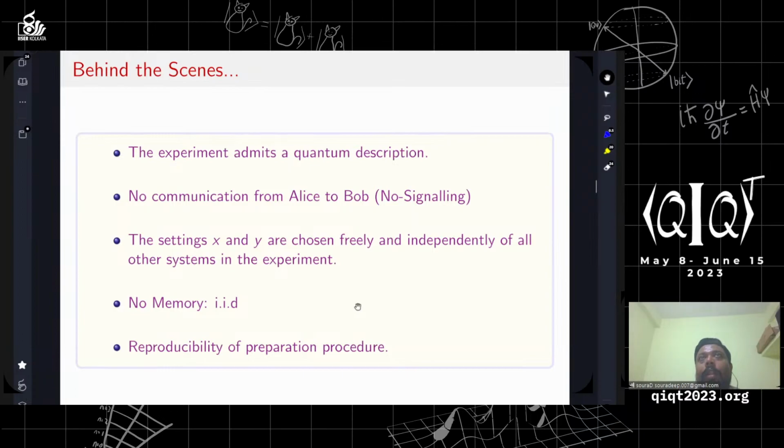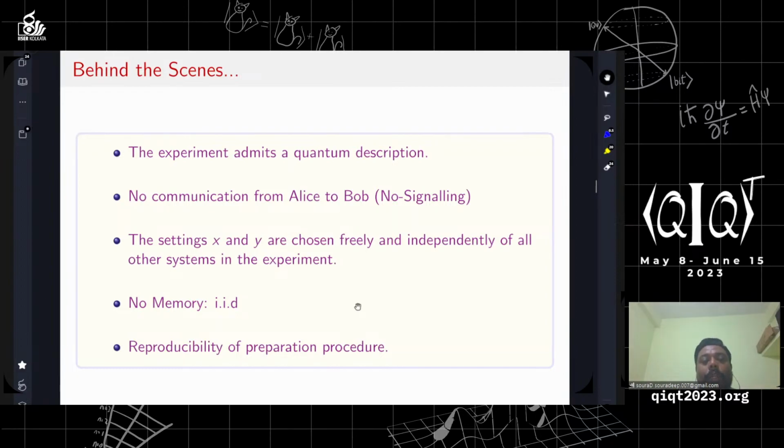That means, let's say Alice has 2 possible measurements and Bob has 2 possible measurements, and in a run, Alice can choose only 1 measurement from those 2, and Bob can do the same thing. So that choice is free and independent of all other systems in the experiment.